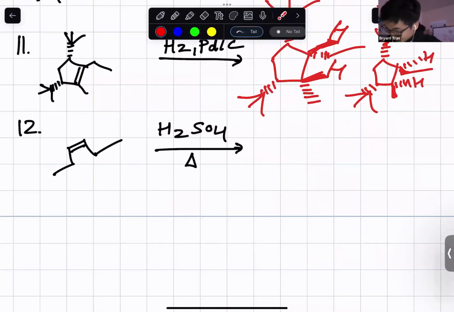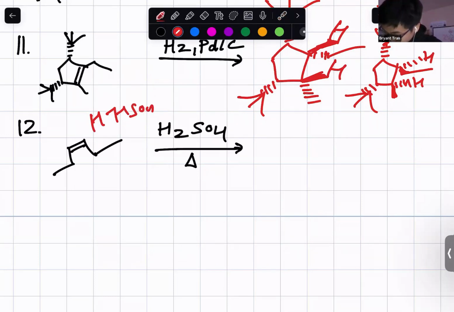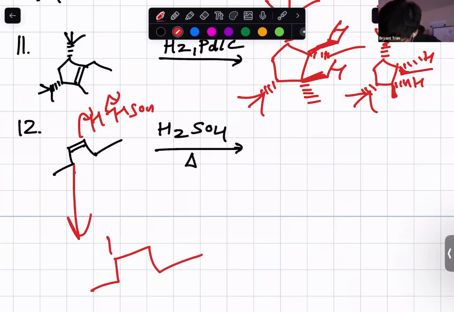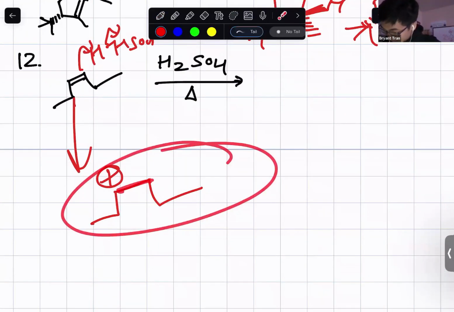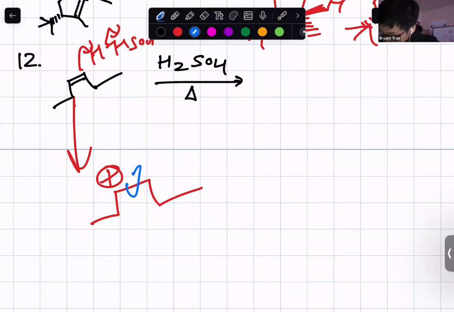Isomerization, yes, because we just have acid and heat. Let's say we protonate this alkene right here to form this carbocation. This carbocation now has a single bond, which can do free rotation.